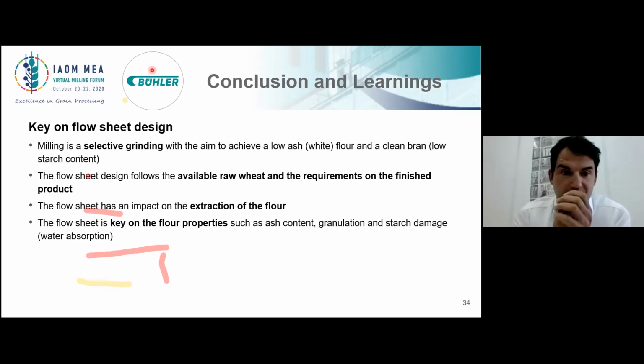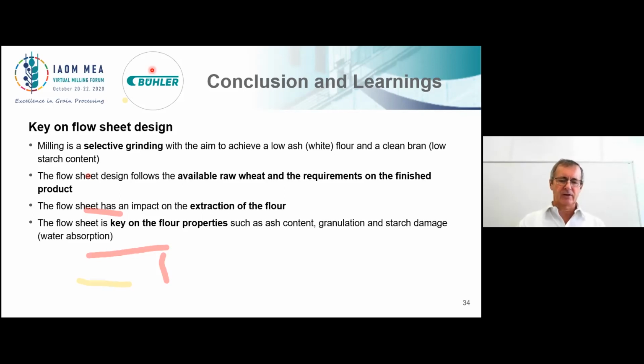This is similar to patent flour. If you have a split flour, some like to extract some patent flour, low ash, and at the same time make a baker's flour. It's also what comes in. So if you have a strong wheat, higher protein wheat, you can go 10, 15, 20%.